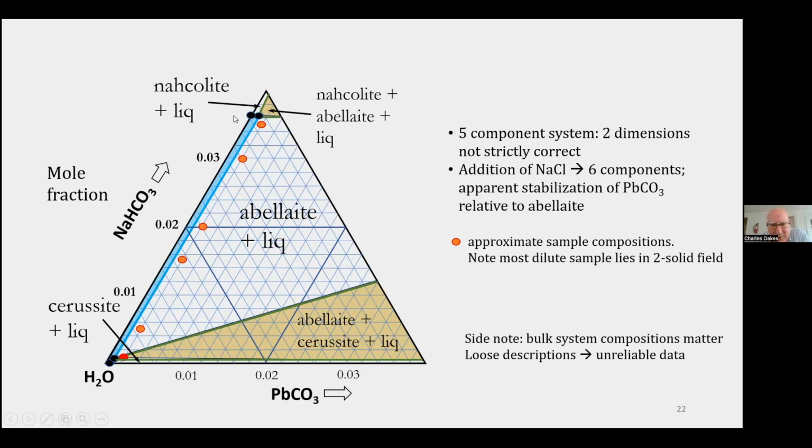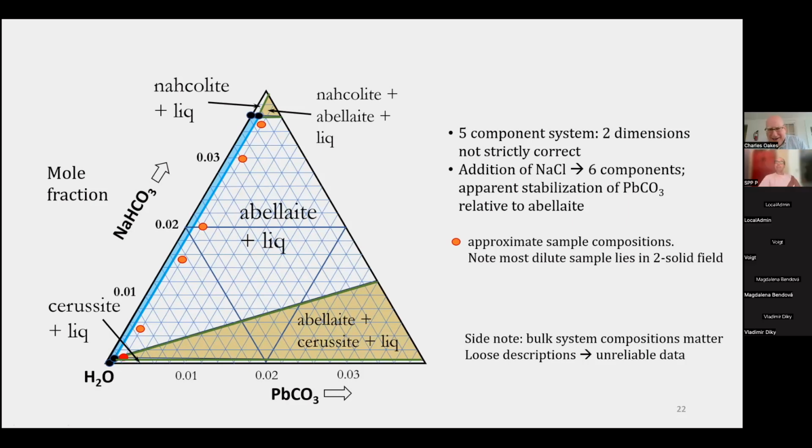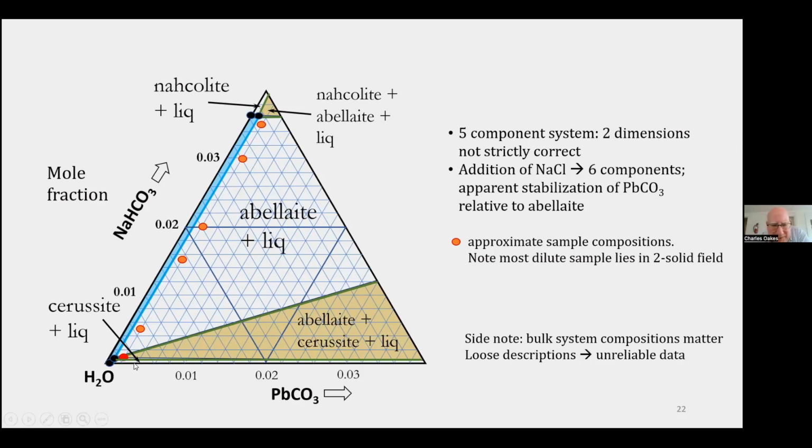Now, one thing we do know, we know the position of this dot, and we know the position of this dot down here. Because of the scaling here, these aren't particularly accurate. The point is to show that the concentration of lead and carbonate in this thing is not very large. So this sliver down here has to be very, very narrow.